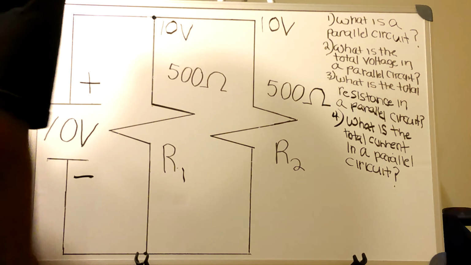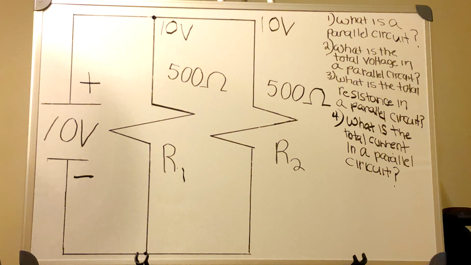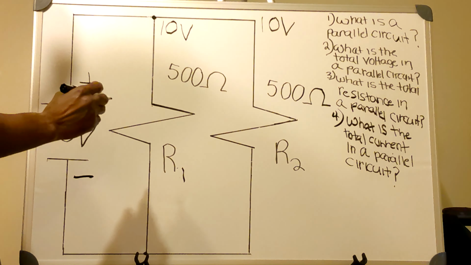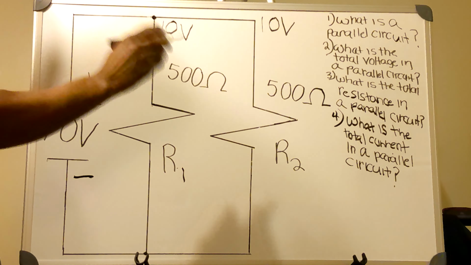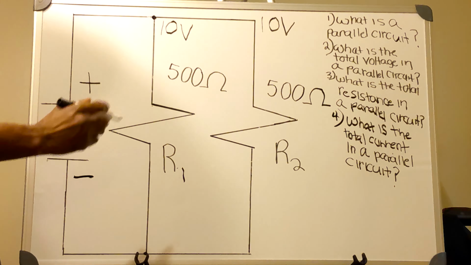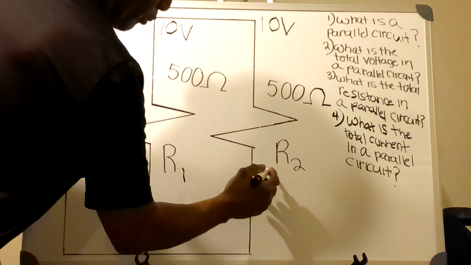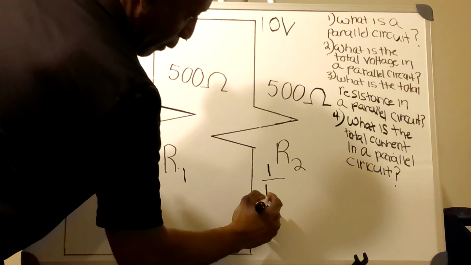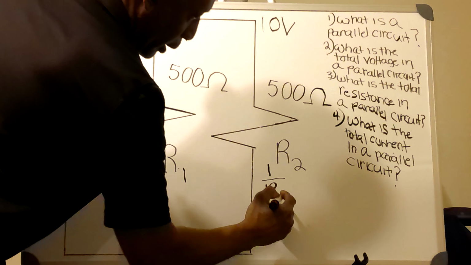The third question, what is the total resistance in a parallel circuit? This is the formula for determining the total resistance in a parallel circuit. 1 over RT.